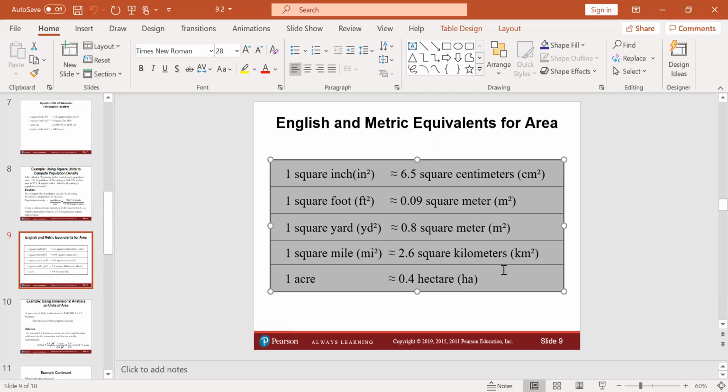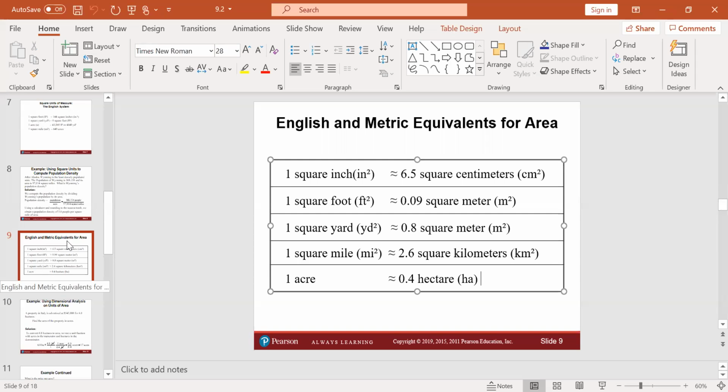And then there's also a unit of measurement called a hectare. I think that's what's used in Europe, or is a lot more common in Europe. I have no idea why that's the case. But I guess you can use a hectare if you want.